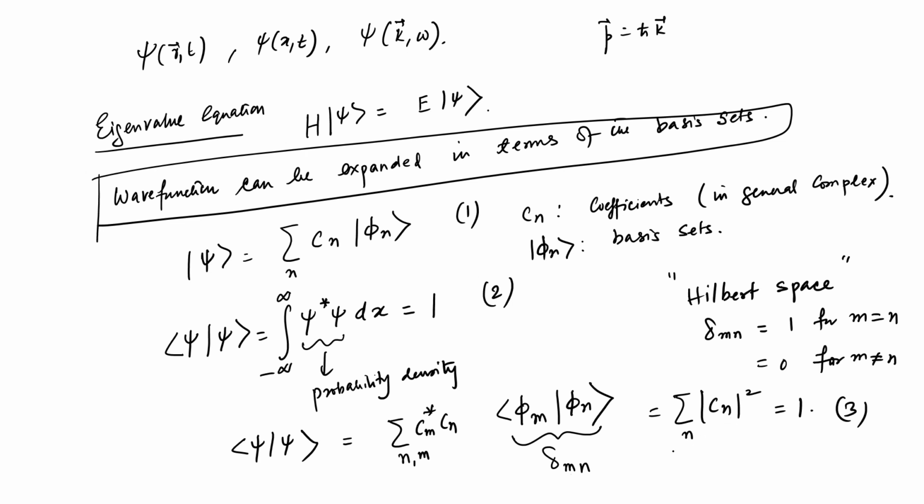So, if you apply that to the coin tossing problem, for example, you have a half probability to find it in the head state, and another half probability that you would find it in the tail state.